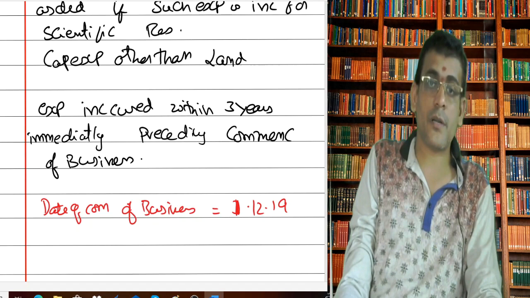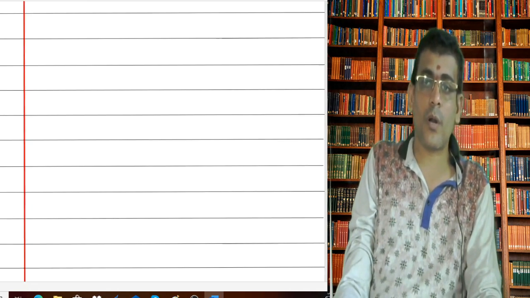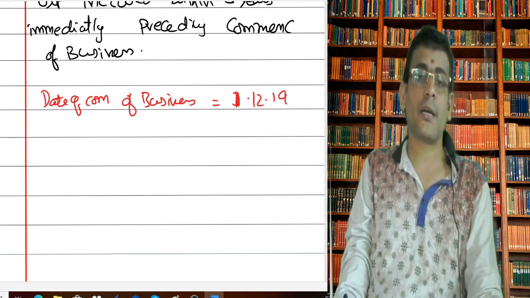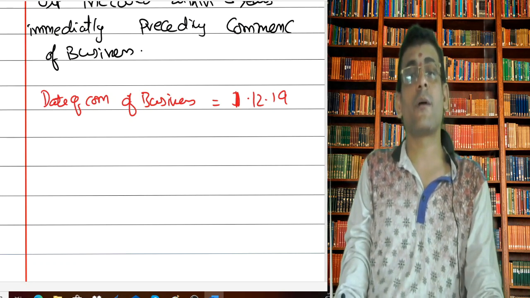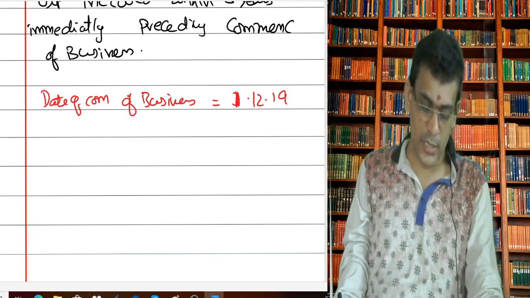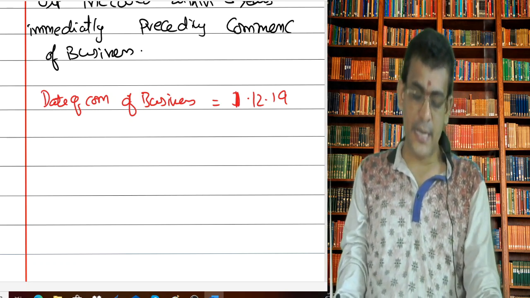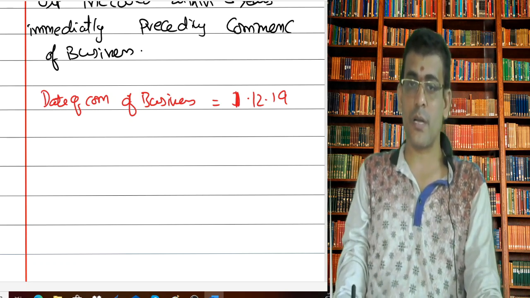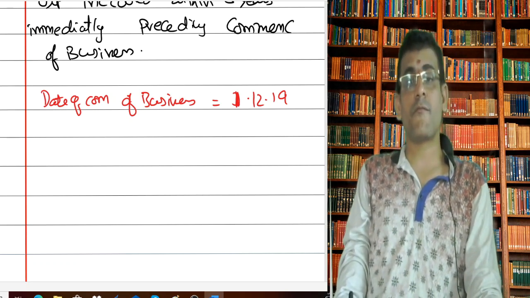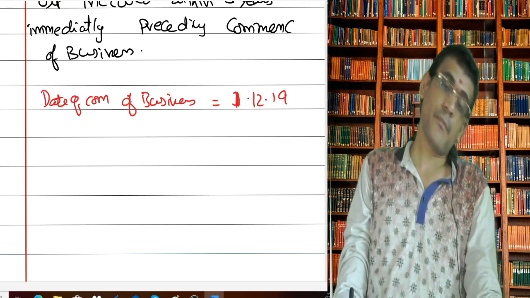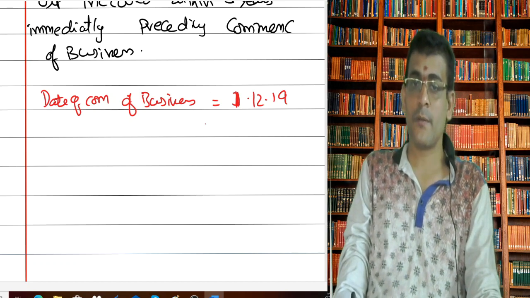Now, what the act says is, whatever expenses are incurred in this year, and not only that, in the 3 years before the date of commencement of business. What are the 3 preceding years to the commencement of business? I had commenced my business on 1st December 2019. If I go 3 immediately preceding years, 3 preceding years means what?